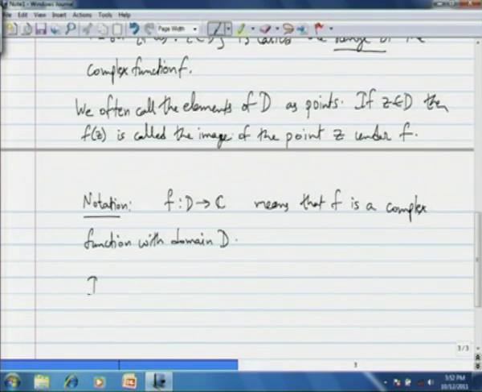And if a complex function is provided to you with a certain domain, we can always reduce the domain in some sense and artificially restrict the given complex function to that reduced domain. So, here is what we can do in the example. f of z equals z squared, we saw that D is equal to C. This rule f of z equals z squared was given for every complex number z.